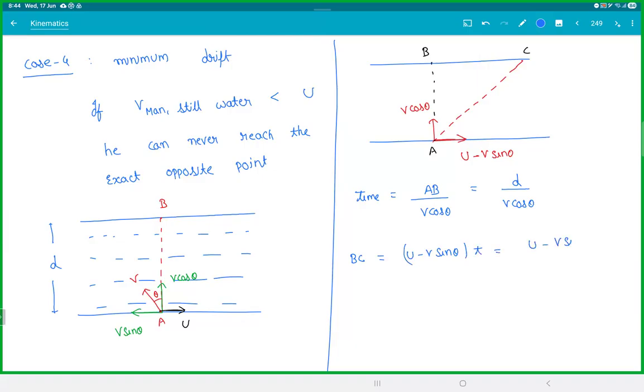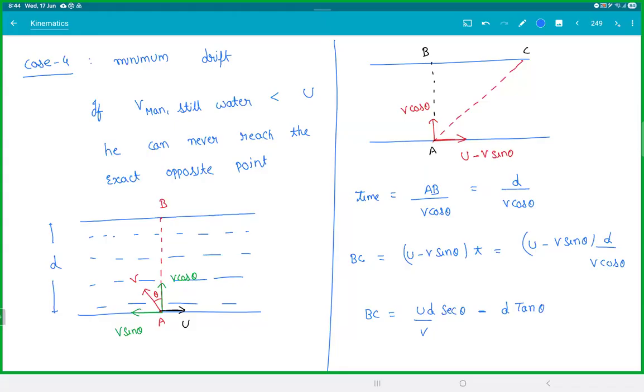That will be U minus V sin theta times D by V cos theta. Means if you swim with different angles, you will get different distances. That will be UD by V sec theta minus D tan theta. This is your drift for different angles, everyone.